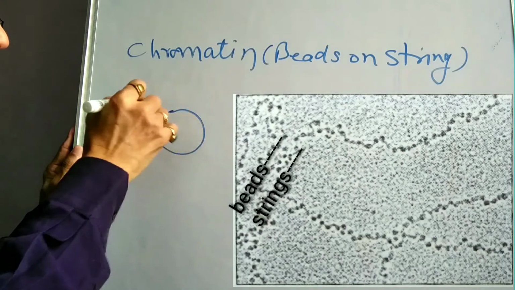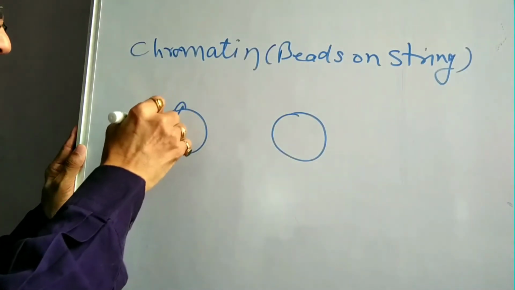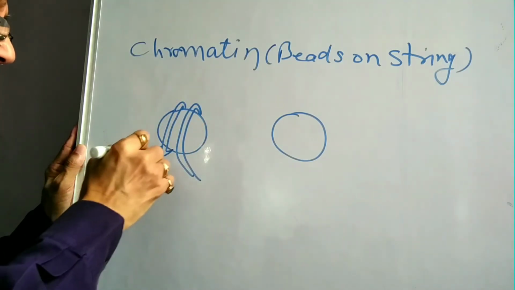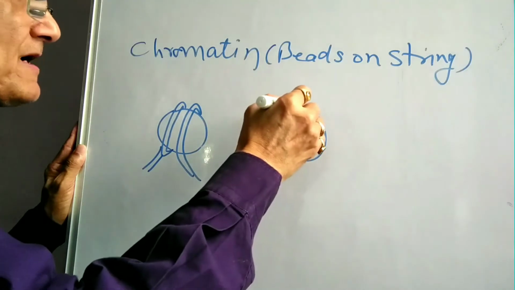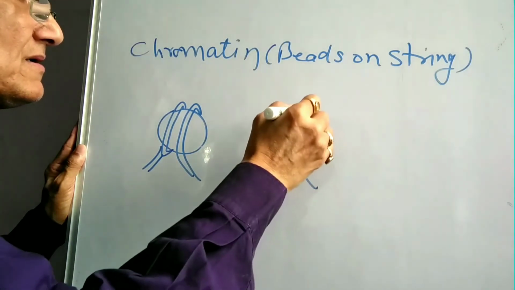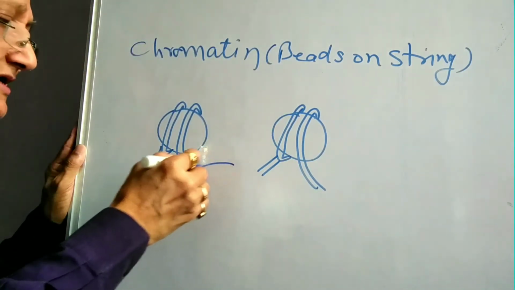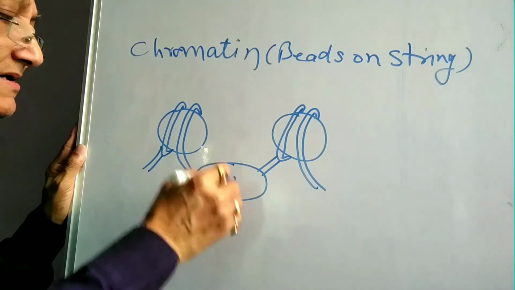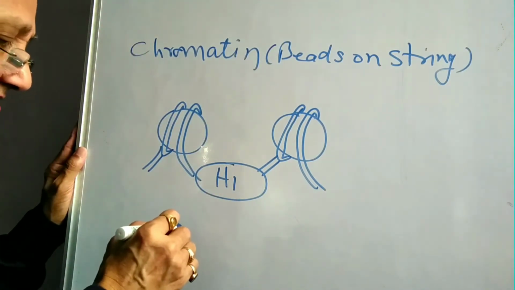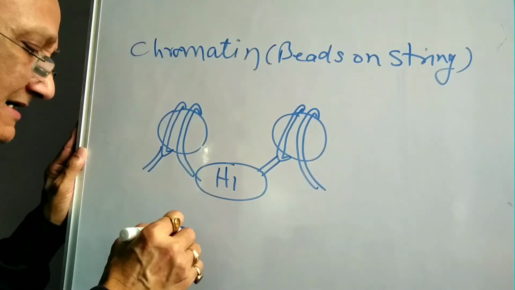So if this is one nucleosome and this is another nucleosome, like this, one protein links both together, and this constitutes the chromatin fiber.